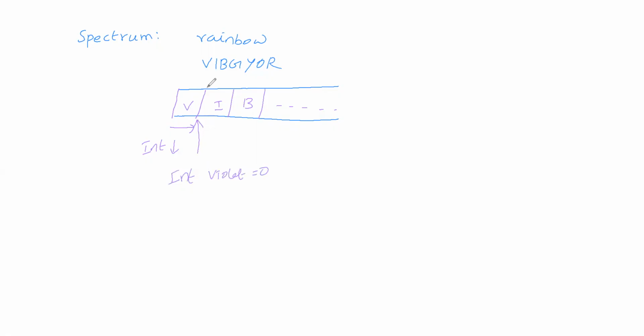At this place, the intensity of indigo is maximum. If we go like this, the intensity of indigo decreases. Here the intensity of indigo is maximum, here it decreases, here still lower.